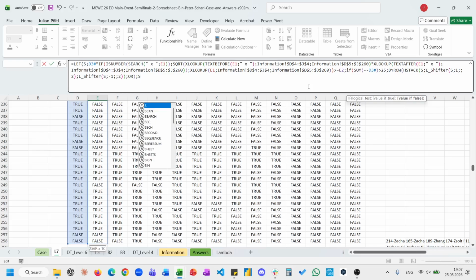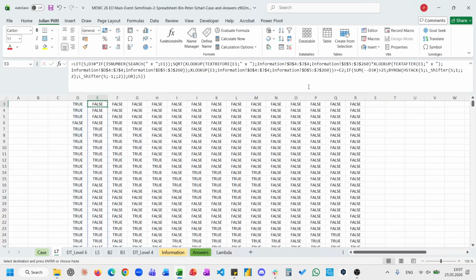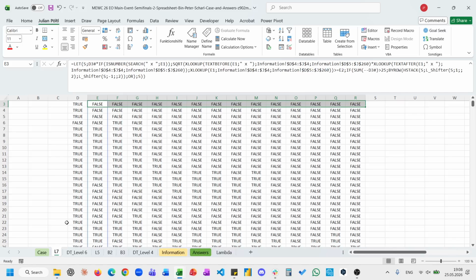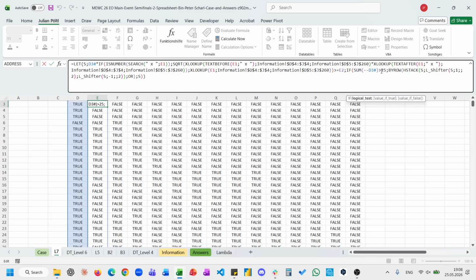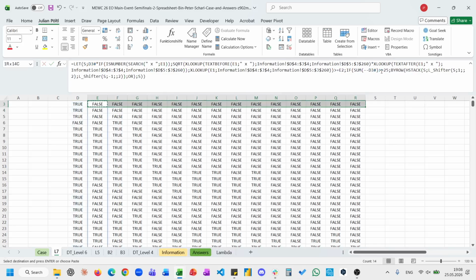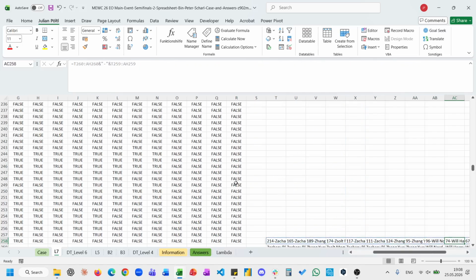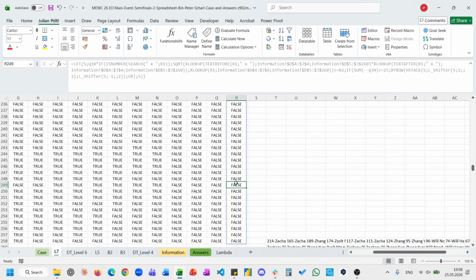Otherwise, we only take S. 25 or more, so equal is also possible. I think this will not change anything, yes, for the first levels.